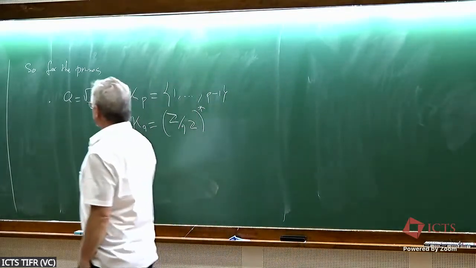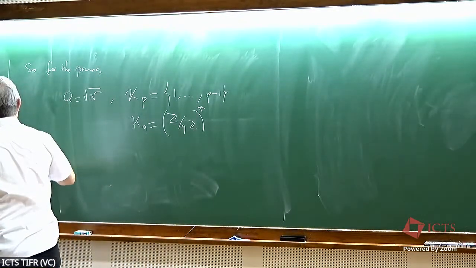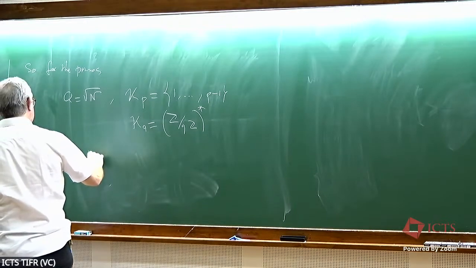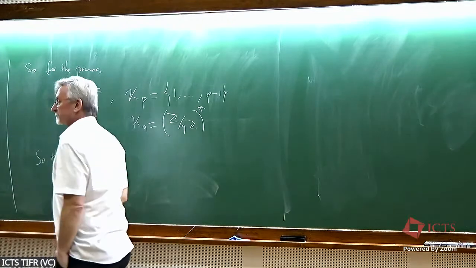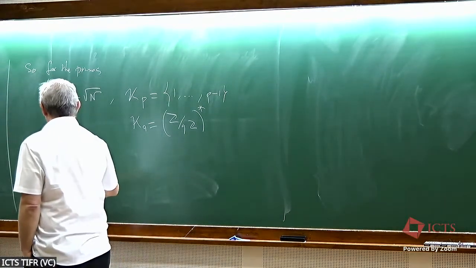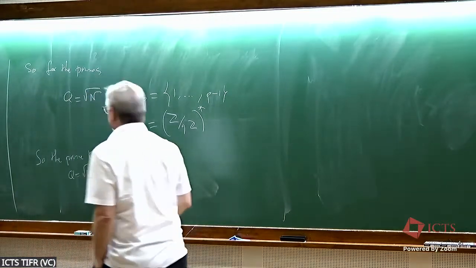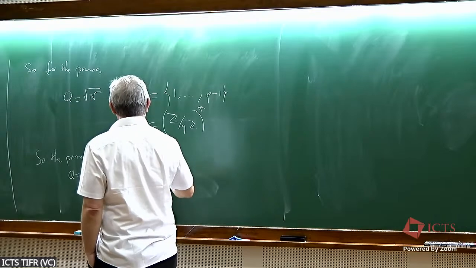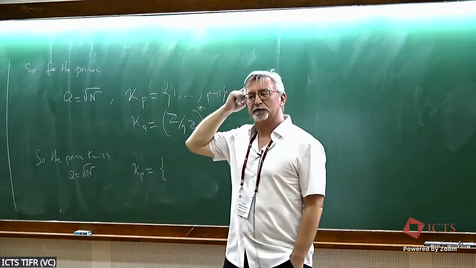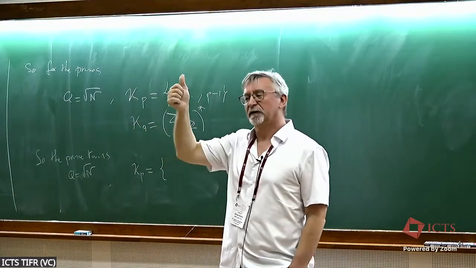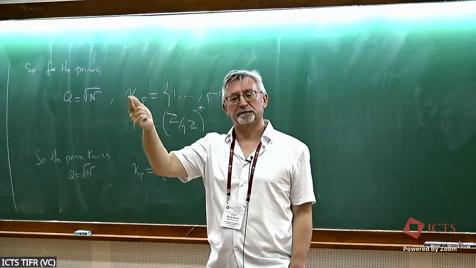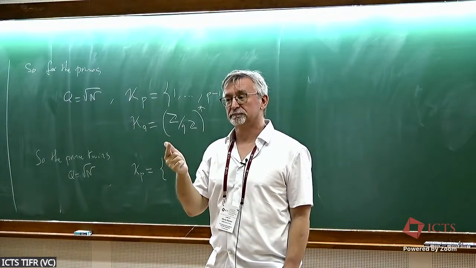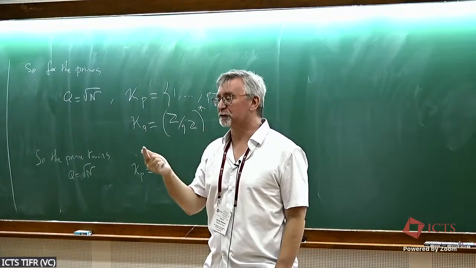If you want, for the twin primes, that's more fun. Same, Q equals square root of n. And then K_p: well, you should remove 0 because you want p to be a prime, but you want also that p plus 2 is a prime. So you have to remove minus 2, because minus 2 plus 2 is 0, it couldn't be a prime.